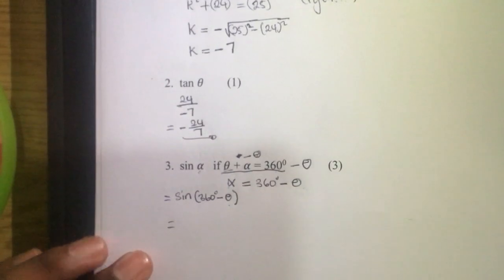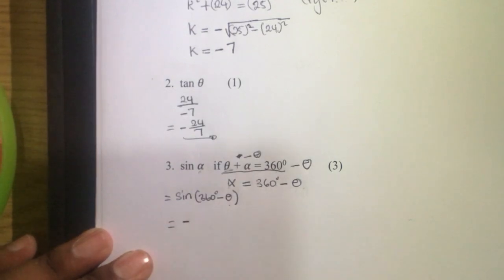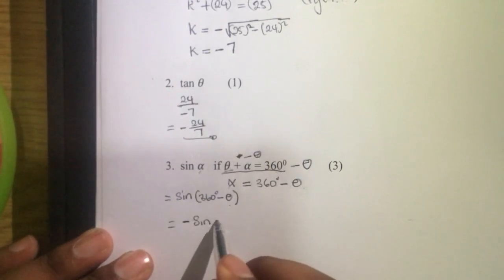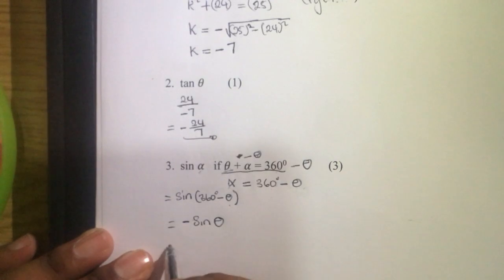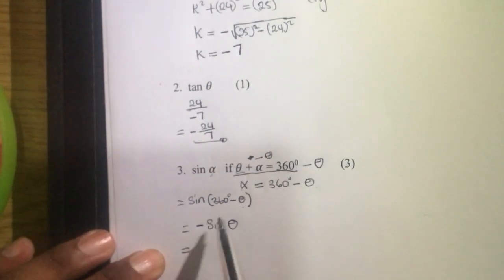Which quadrant is that one? It's quadrant 4. How is sine in quadrant 4? It is negative, because only cos in quadrant 4 is positive. So we'll put that negative sign there. Then we'll say negative sine theta, right? I hope everyone can see how I am manipulating and solving this.